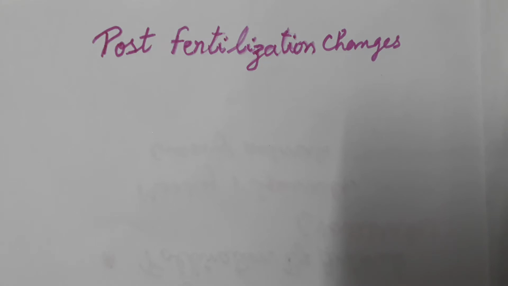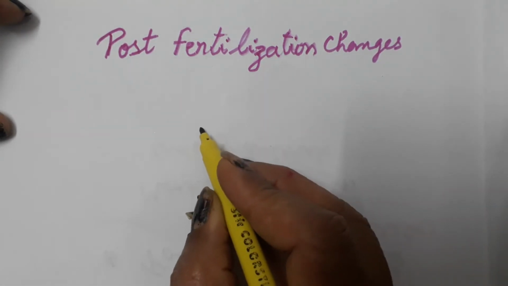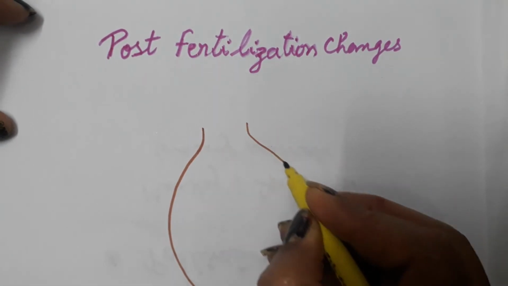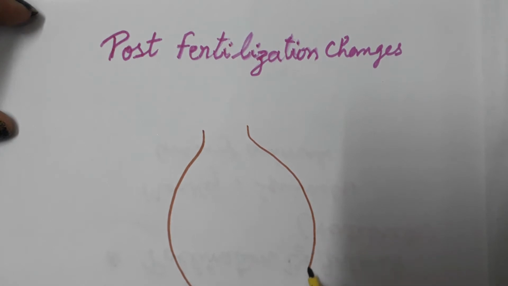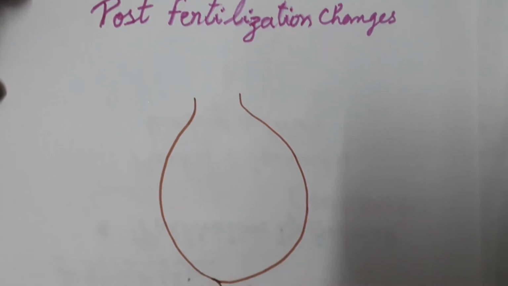So here I am going to draw the structure of the ovule, which is present inside the ovary. This is the lowermost part of the carpel, that is the swollen ovary, which is present on the receptacle, inside which is present a single ovule.